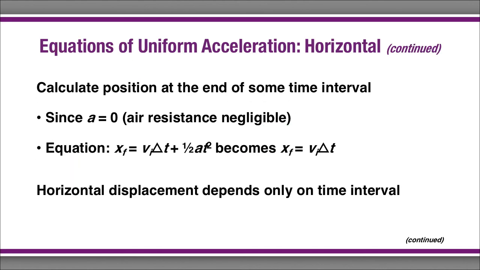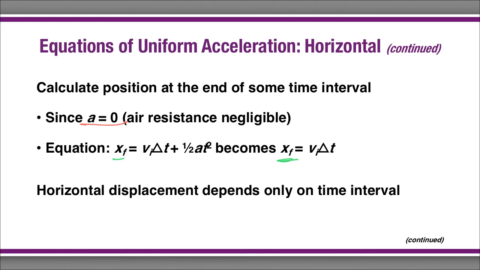So for calculating position at the end of some time interval in the horizontal direction, since a equals 0 and air resistance is negligible, it's going to take out part of these equations. So the final displacement or position in the x direction equal to initial velocity times time plus 1/2 at squared now becomes final position in the x direction equals initial velocity times time.